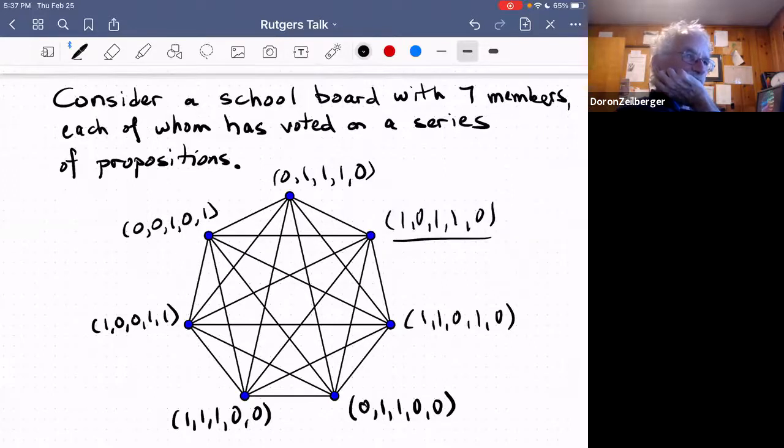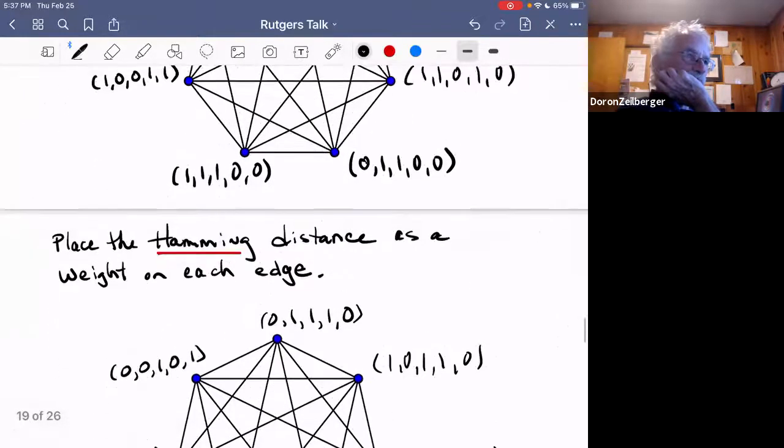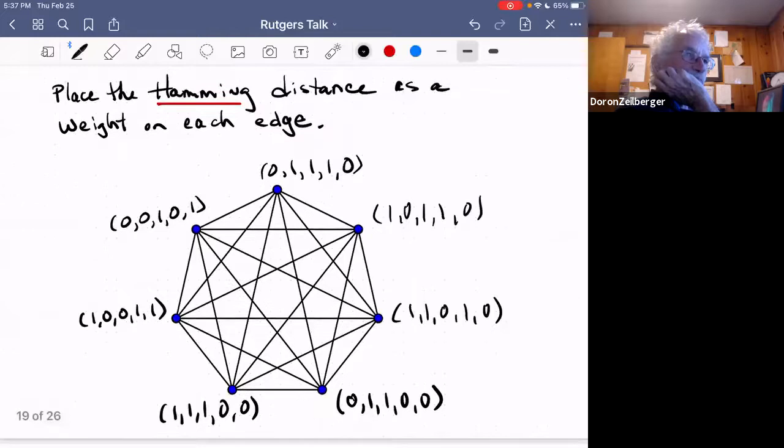And what we want to do is take the Hamming distance. So just how many places do they disagree in? If 2 have exactly the same sequence of votes, then the Hamming distance is 0. If all 5 are different, then the Hamming distance is 5. So I have 6 different possible weights that I can place on the edge.